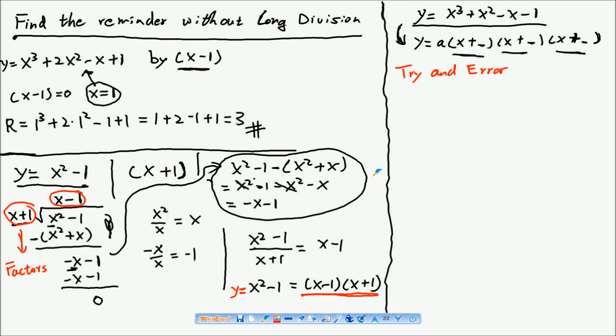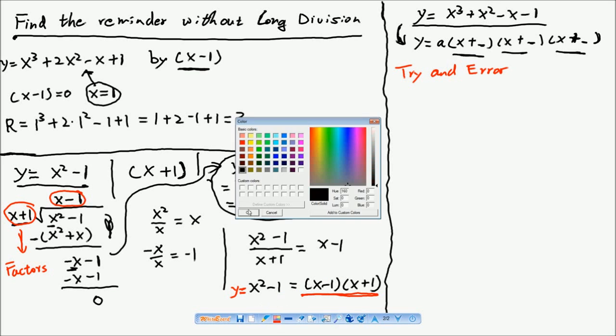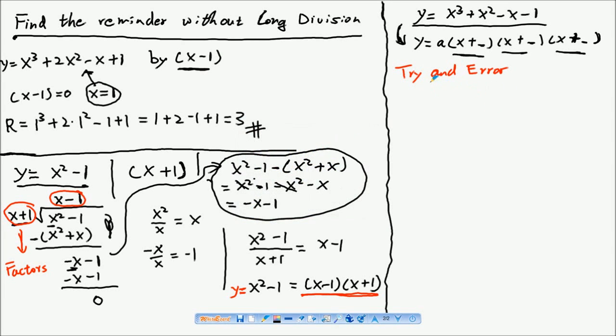The idea is, let's assume a factor. Say, let's assume the factor is x plus 2.